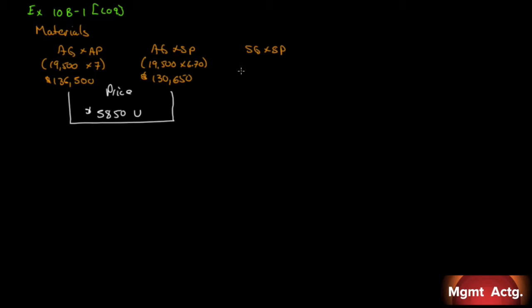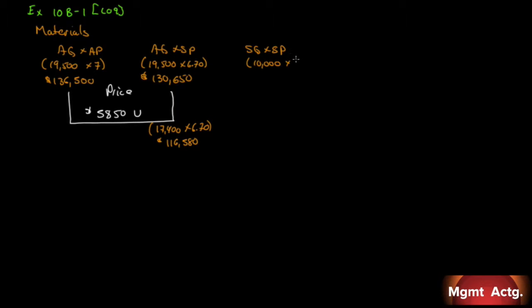Now, when we're looking at what we put in production, you'll recall that 17,400 units were put into production at a standard cost of $6.70, which is $116,580. However, given that 10,000 units were our output, we can multiply it by our standard cost. We don't have to worry about standard quantity times standard price.